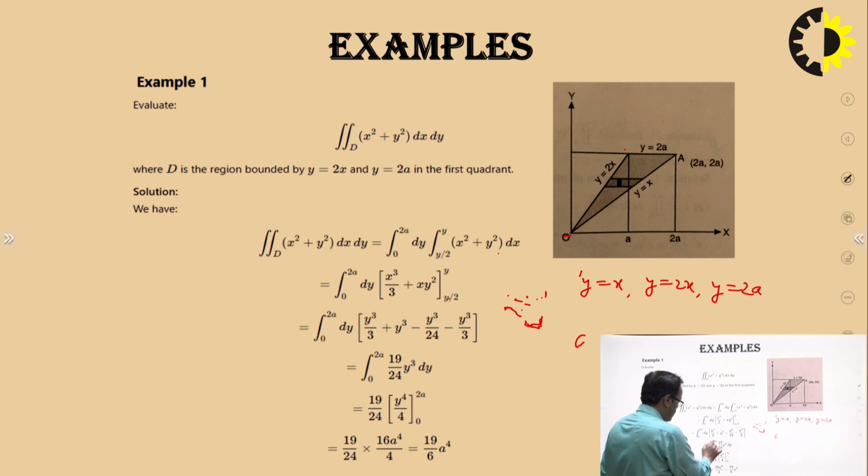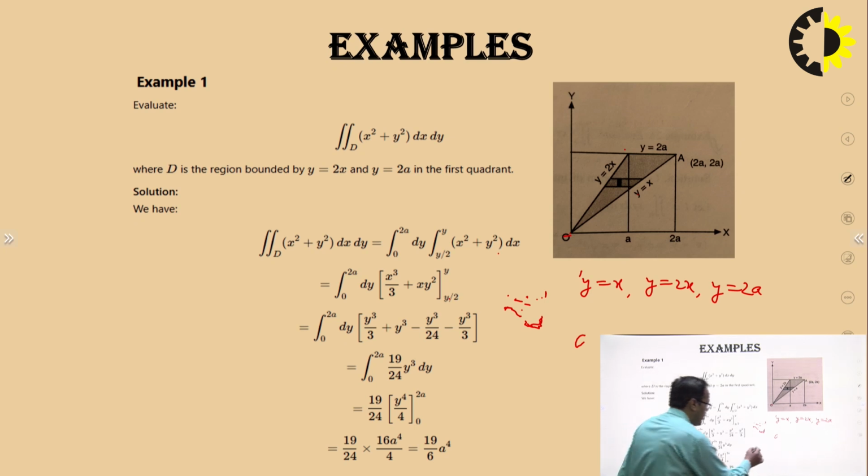This gives the integral from 0 to 2a of 19 by 24 y cube dy. Again integrating y cube with respect to y, the integration of y cube is y to the power 4 by 4, with limits 0 to 2a, so 19 by 24 into (2a) to the power 4 upon 4.